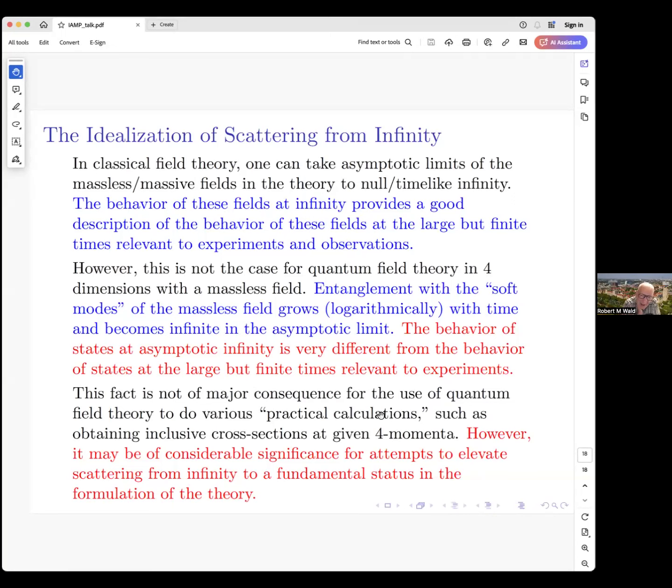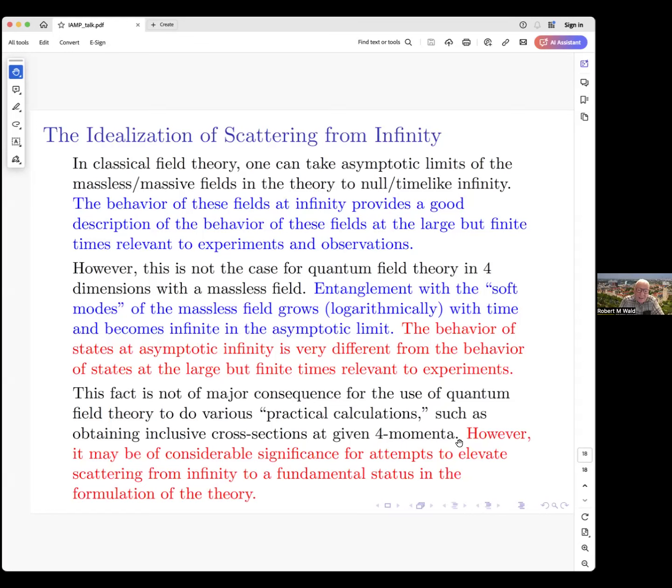The calculations there are correctly describing behavior at finite times relevant to experiments. It's the situations where you're sending in wave packets, not idealized plane waves, from infinity, where you're going to get these decoherence effects.